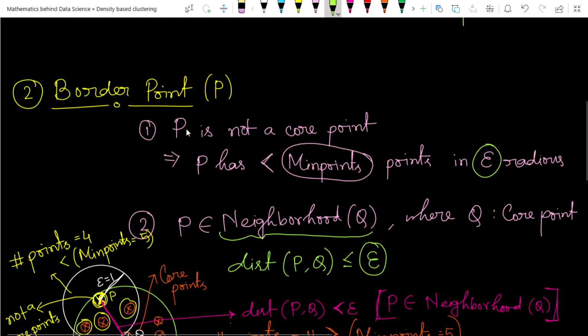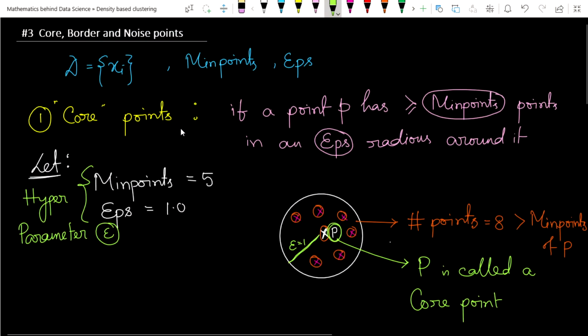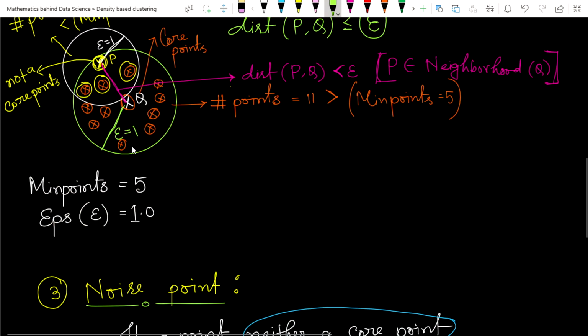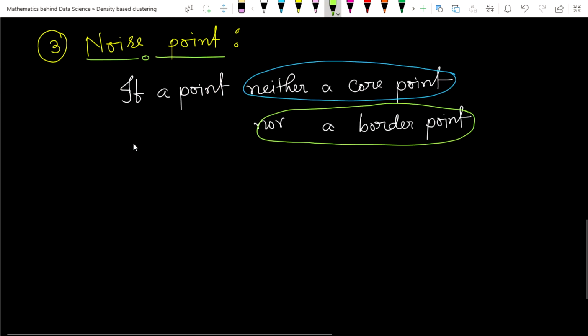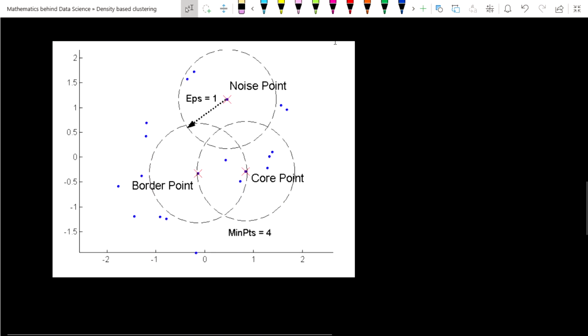Okay, I think from these discussions you got the idea what is core point, what is border point, and what is noise point. Now let's try to understand these things through a more concrete example, through a picture. I think it will be more visualizable. So here, first consider this point, suppose this is P1.